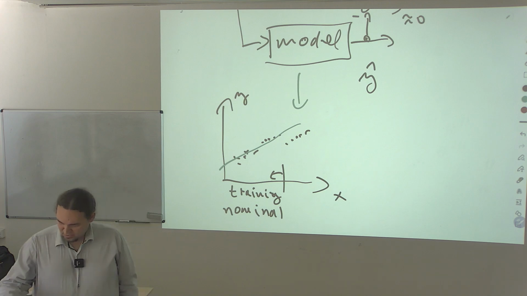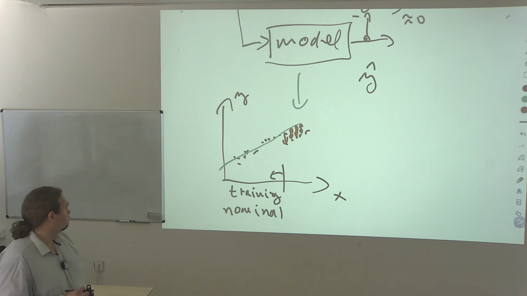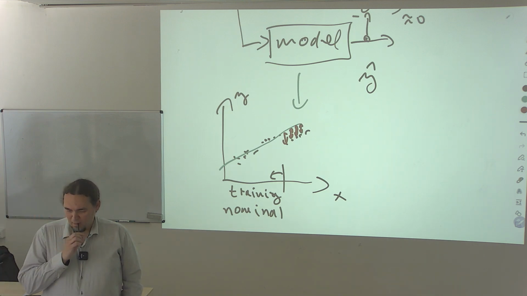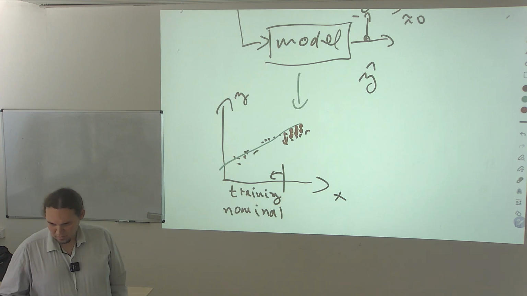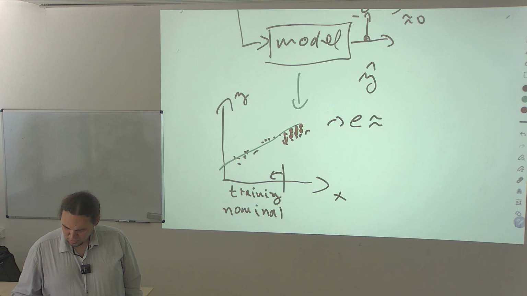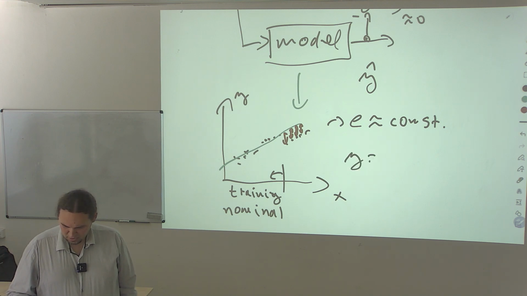But this situation doesn't look very scary or very tough to fix, because our error looks almost constant. It's approximately constant. So what would you say? Let's say our model looks like this.